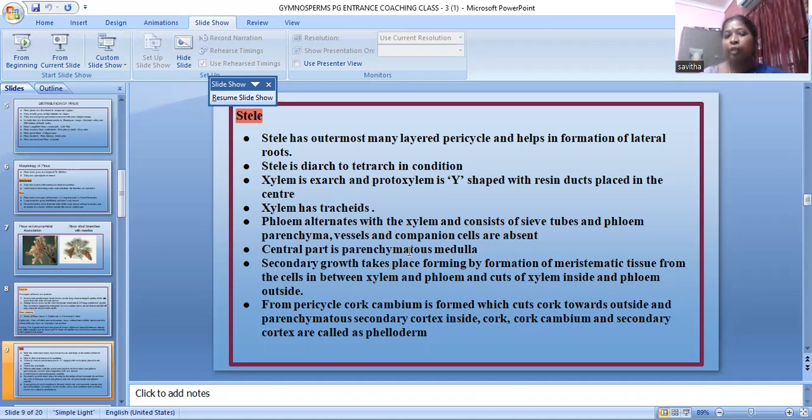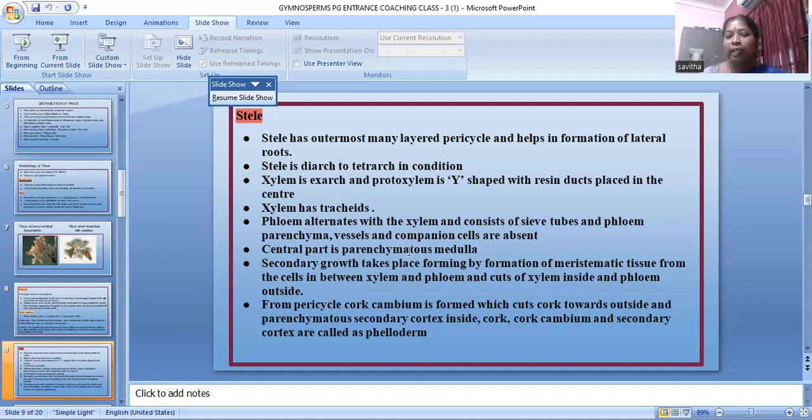The xylem is Y-shaped in structure, with the protoxylem flanking the resin canal on either side. Metaxylem is at the lower part.